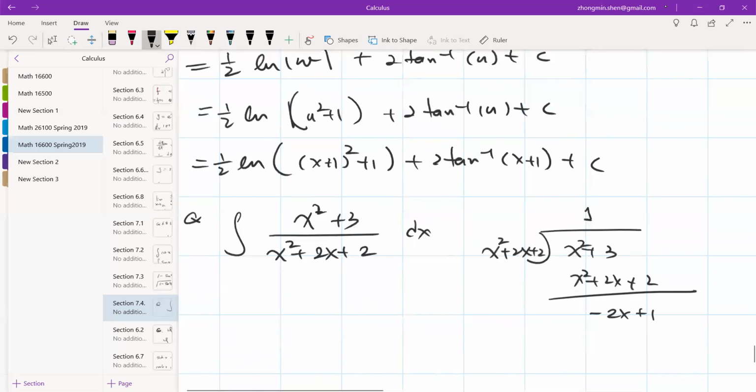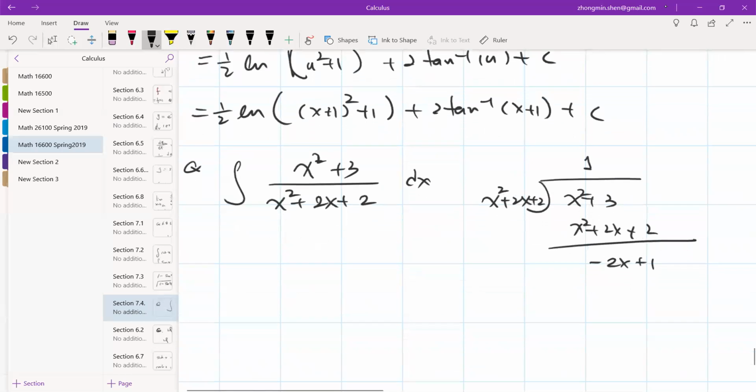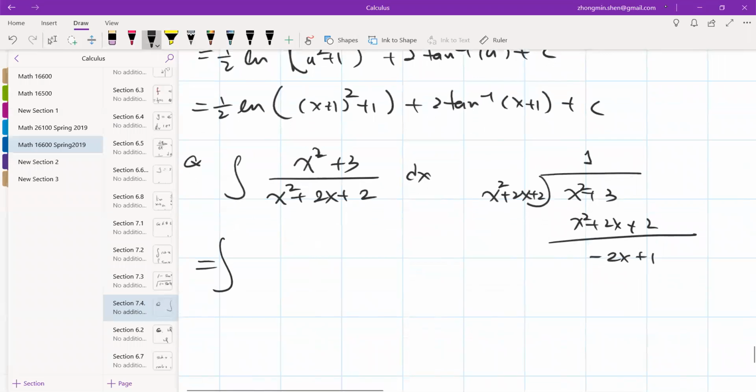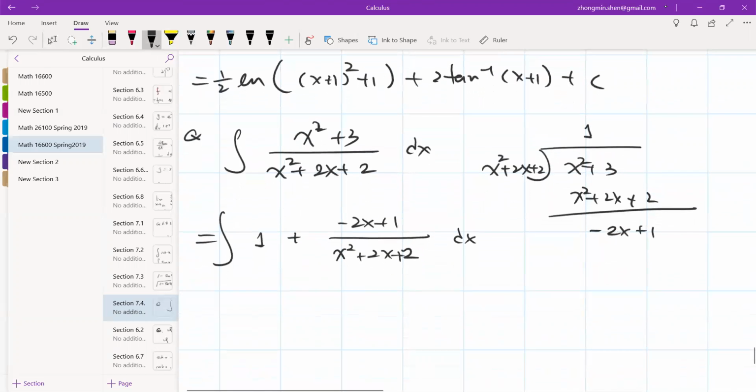So you are going to get the integral. This function is going to have a quotient plus negative 2x plus 1 over x squared plus 2x plus 2 dx. Okay.